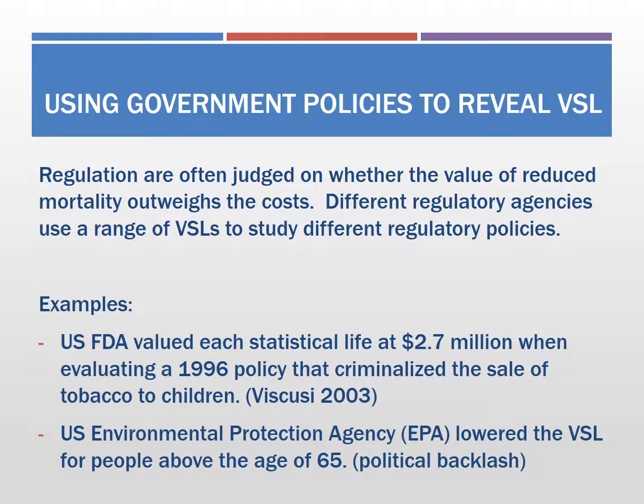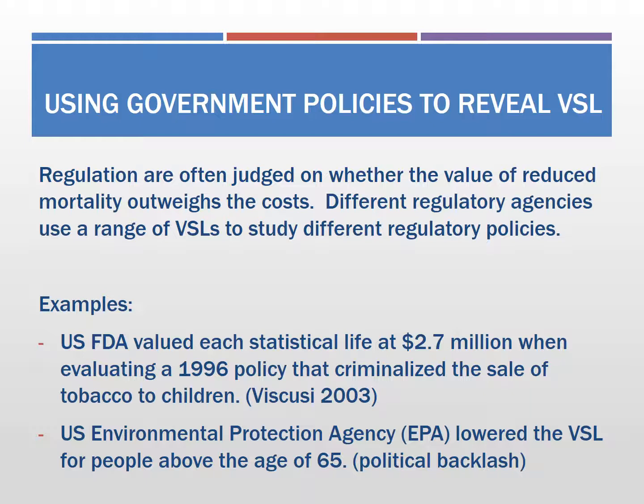So lastly, the final way to reveal the value of life depends on regulations or government policies. The government usually comes up with regulations, or makes decisions on certain regulatory policies, based upon a judgment on whether the value of reducing mortality rates in the markets outweighs the cost they have to pay.